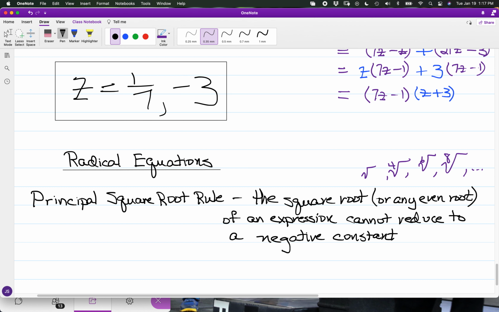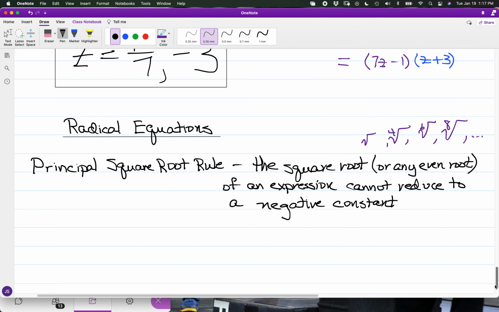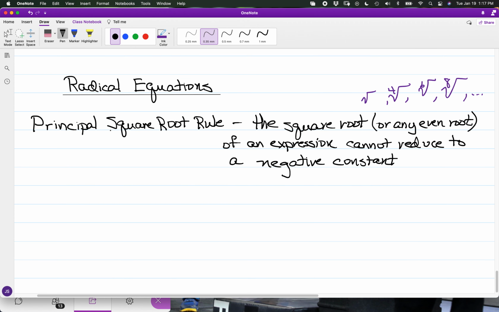Okay, and let me give you just a little difference here. Now, whenever we dealt with something like x squared equal to 36, and again the degree of 2, you have possibly two solutions.